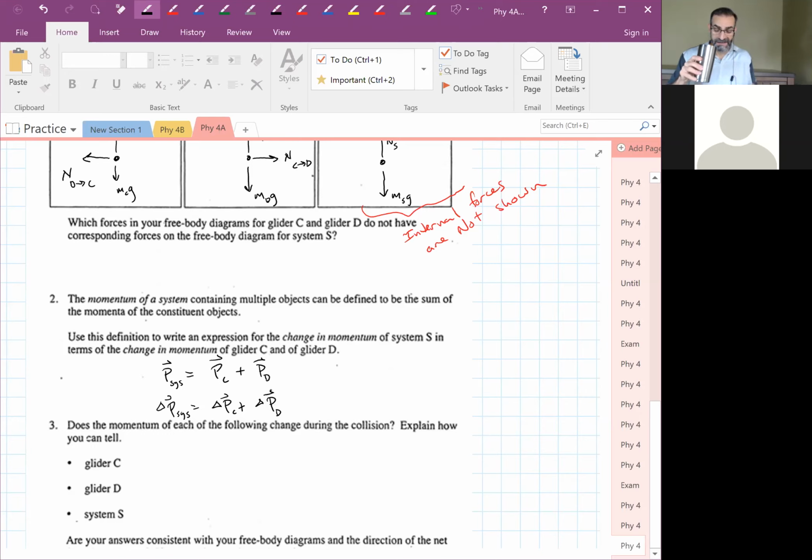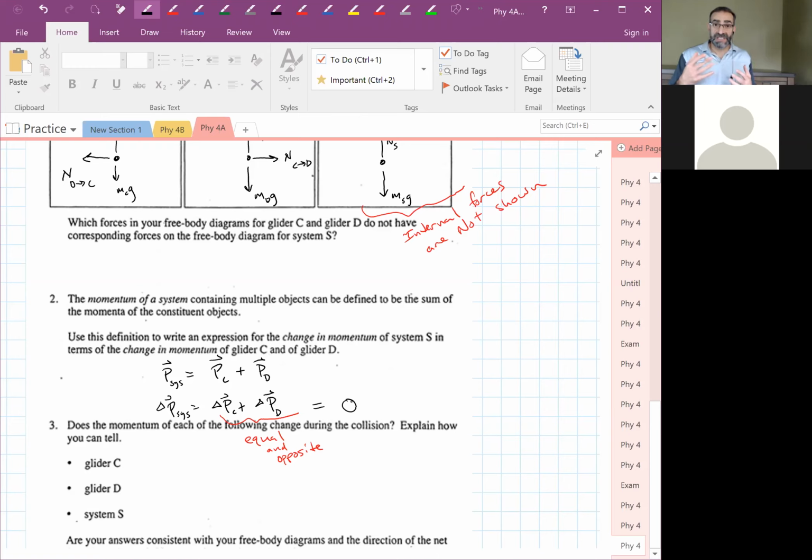Equal and opposite. Yes. Equal and opposite. Let me write that here in red. So that means the change in momentum of the system is 0. So we would say momentum is conserved.